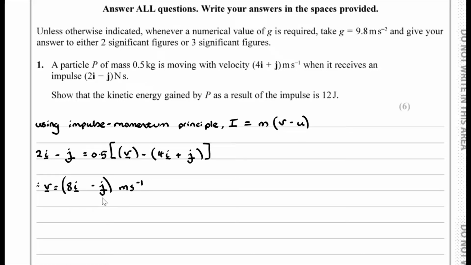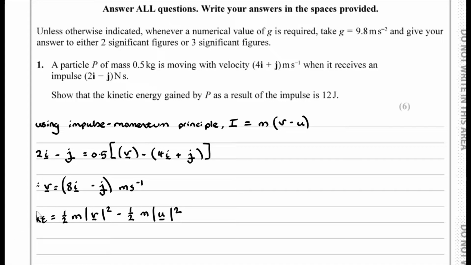Now, the kinetic energy gained is given by 1/2 m times the magnitude of v squared minus 1/2 m times the magnitude of u squared.